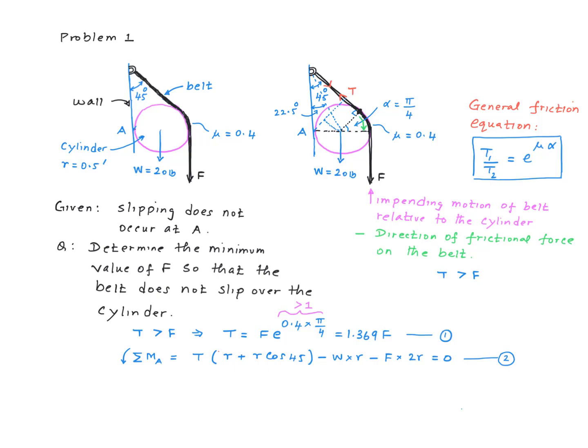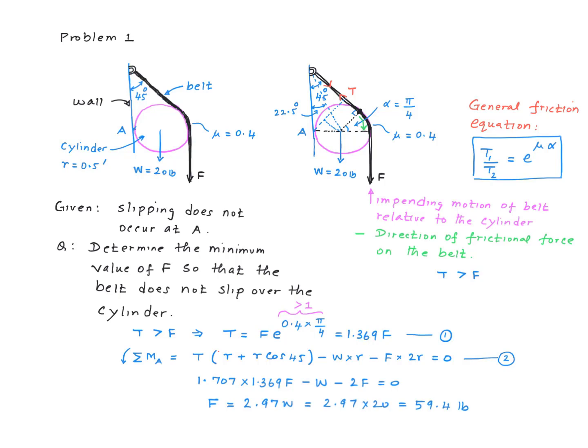So we have this, and that goes in as a positive term in that equation because the moment associated with this T is a counterclockwise moment. The arm length for W is simply R, and the arm length for F is 2 times R. And these two forces give us clockwise moments.